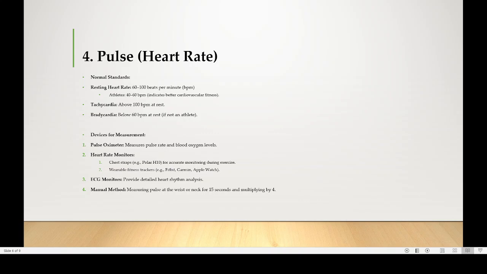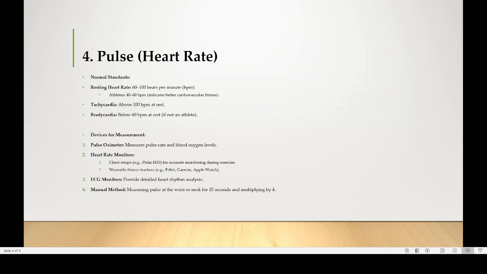In some people like athletes that can vary. They have a lower pulse, like 40 to 60 beats per minute, and it indicates better cardiovascular fitness. That is, they have a slower heartbeat.